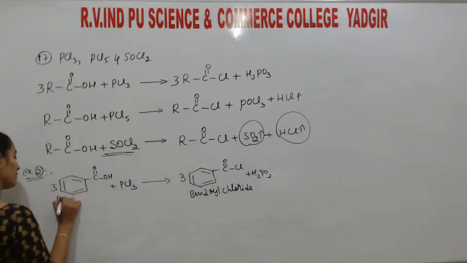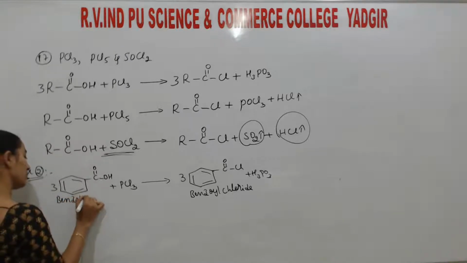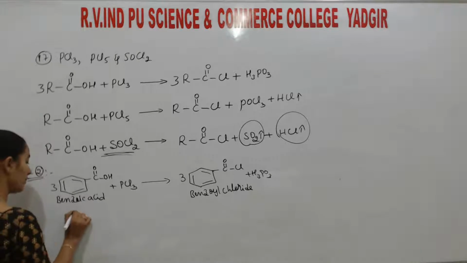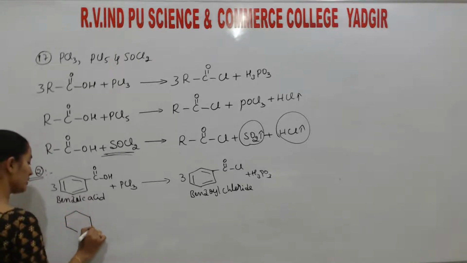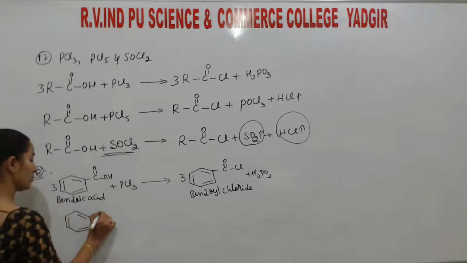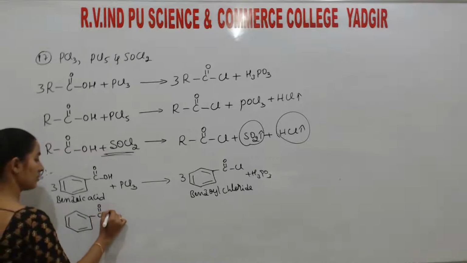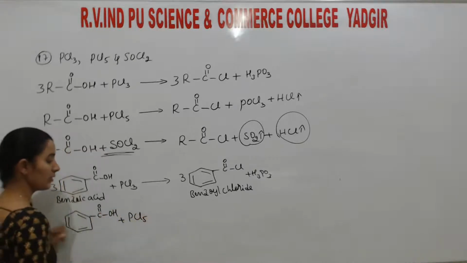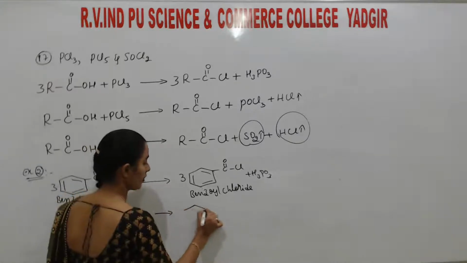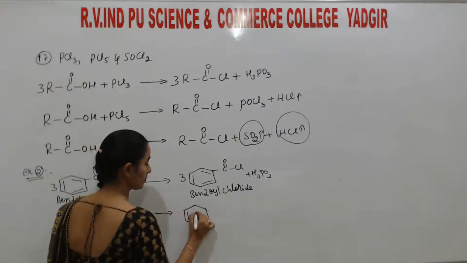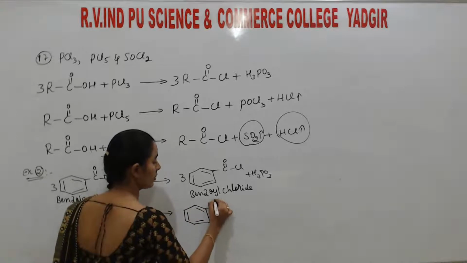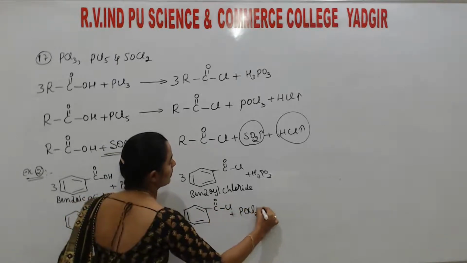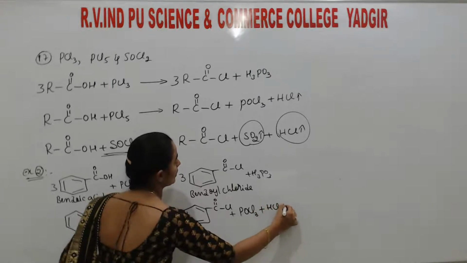Okay, this is benzoic acid. Next, similarly, take the benzoic acid. If it reacts with PCl5, no doubt it forms benzoyl chloride plus POCl3 plus HCl.